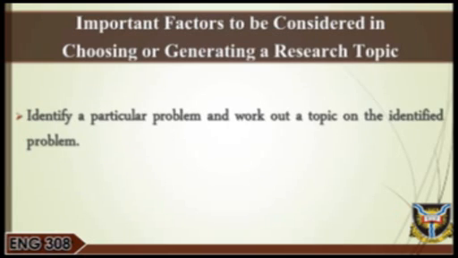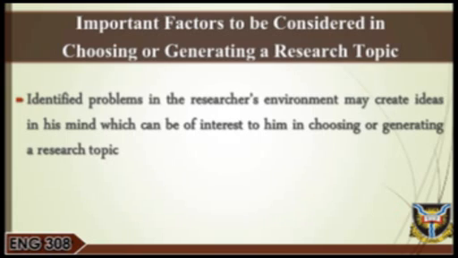2. Identify a particular problem and work out a topic on the identified problem. Identified problems in the researcher's environment may create ideas in his mind which can be of interest to him in choosing or generating a research topic.